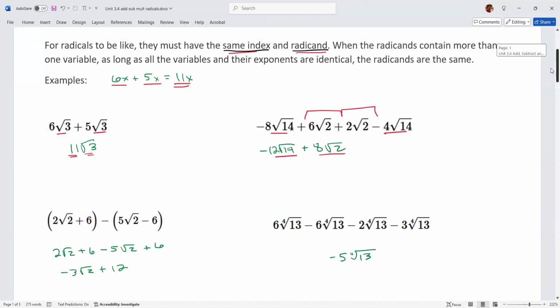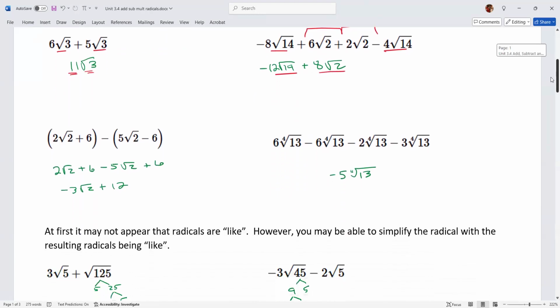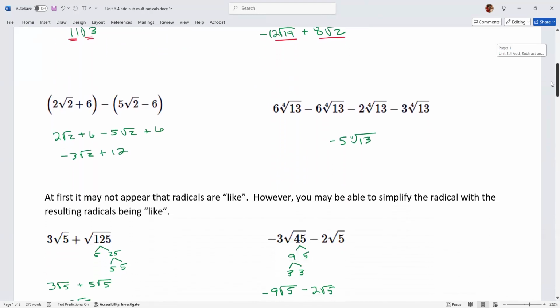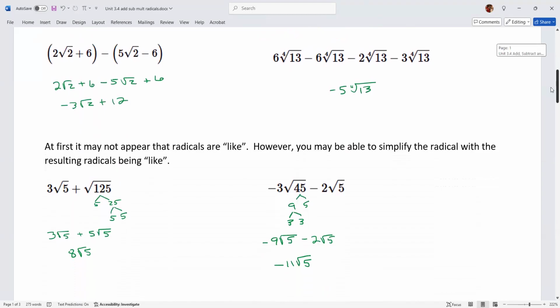Now, we'll complicate it a little bit in a minute. Let me go through this. Again, adding or subtracting, the big mistake that's often made is going to be right in here, where you often don't distribute this negative sign correctly.